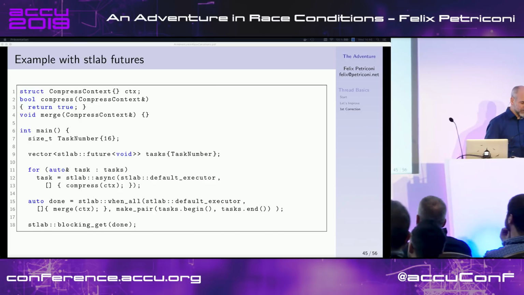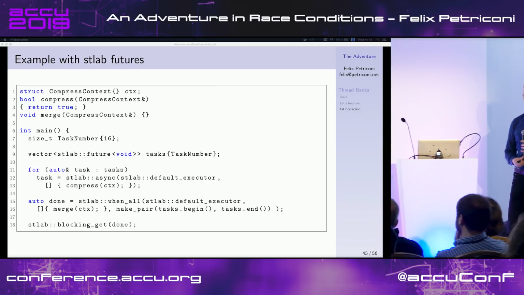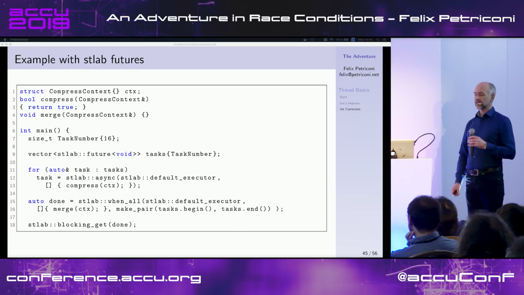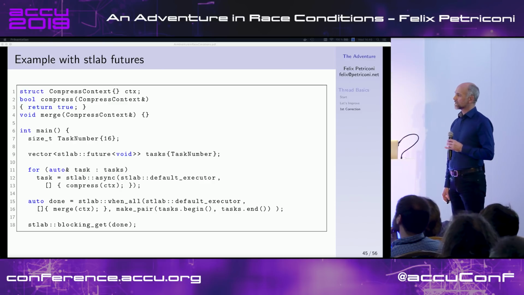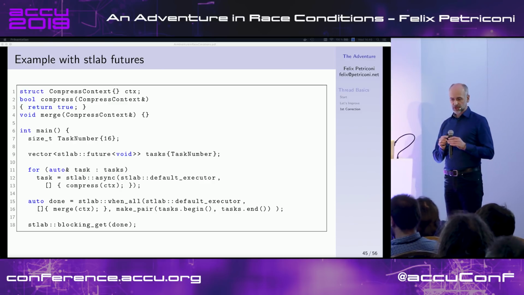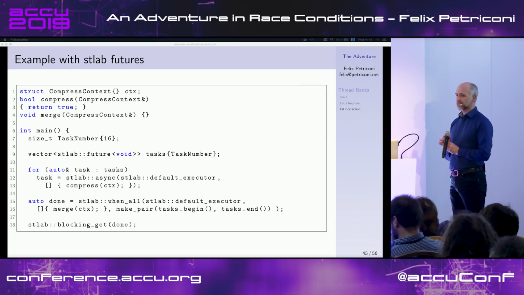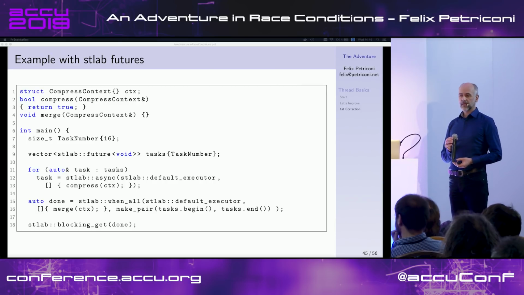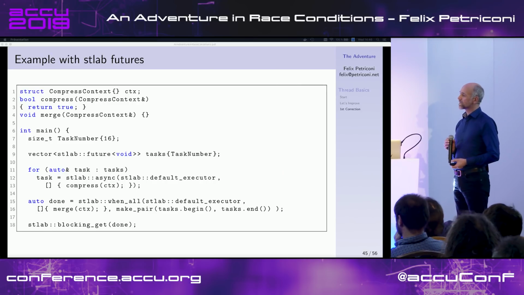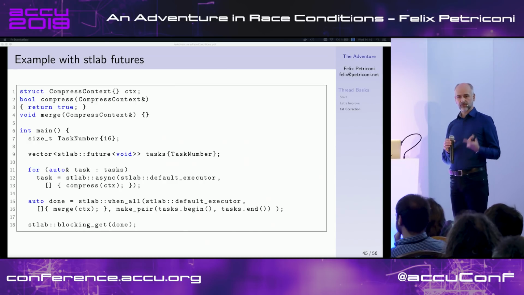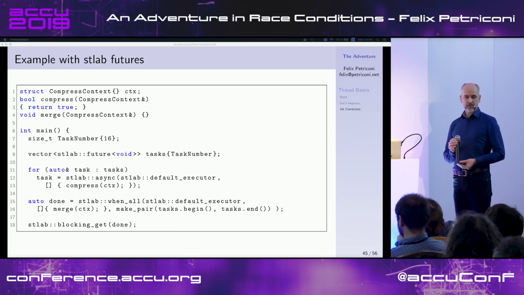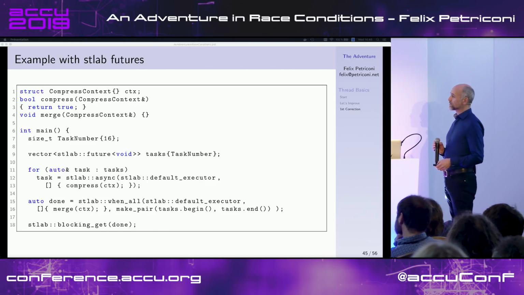Okay, when I say our futures, that's the concurrency library inside the stlab. It's a library which was originally designed by Sean Parent, and I joined as a collaborator to this library. And we provide futures and we provide channels and other useful abstractions with regard to concurrency. It's quite similar here.